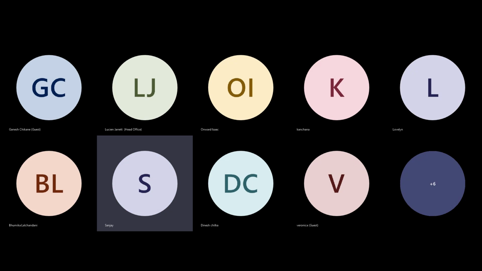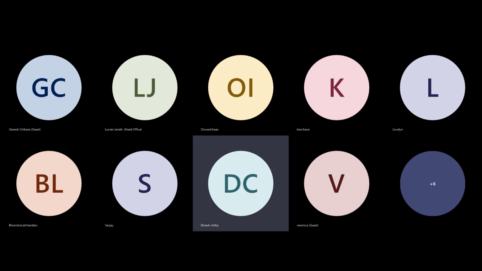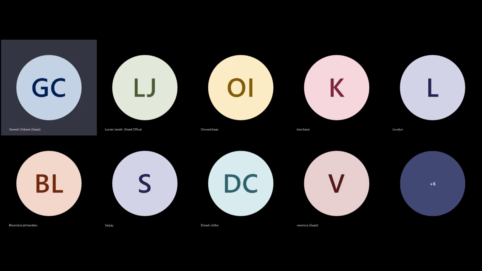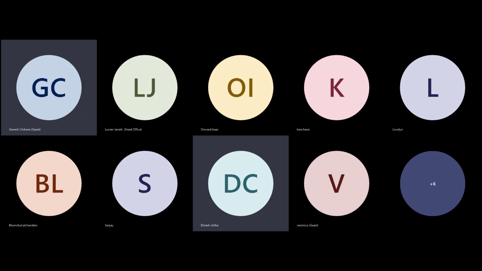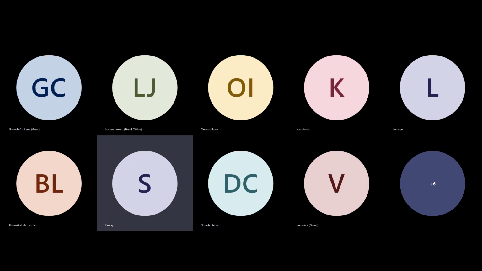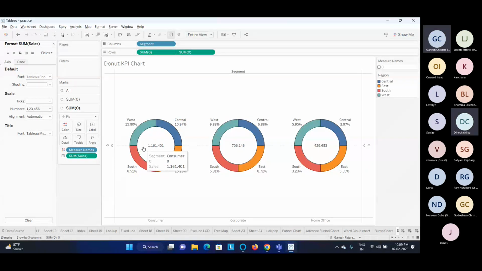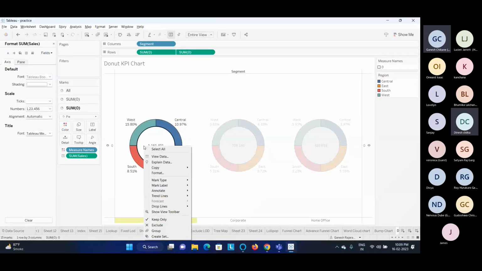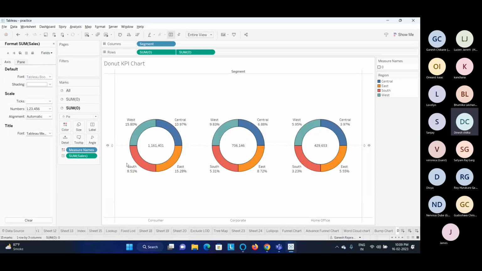Dinesh: How can we write total sales equal to that number in the middle of the circle? Okay, I'm not going to tell you, Ganesh is going to tell you. Ganesh, share your screen. Now click on that. First of all, how do you get the sales?